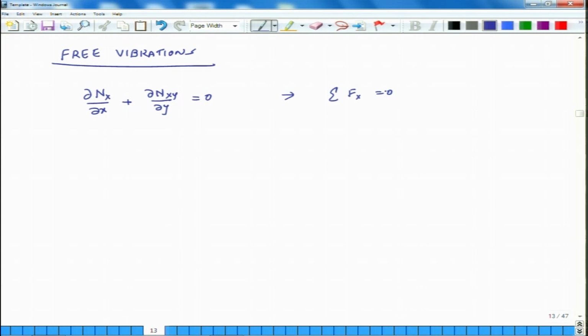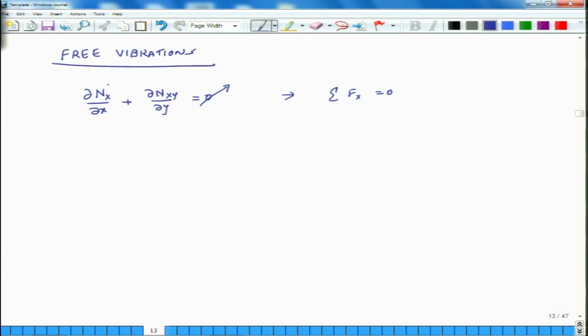But if the plate is in dynamic equilibrium, then the right side of the equation should be equal to mass times the acceleration of the plate, and since this is equilibrium in the x direction, it will be the acceleration in the x direction.